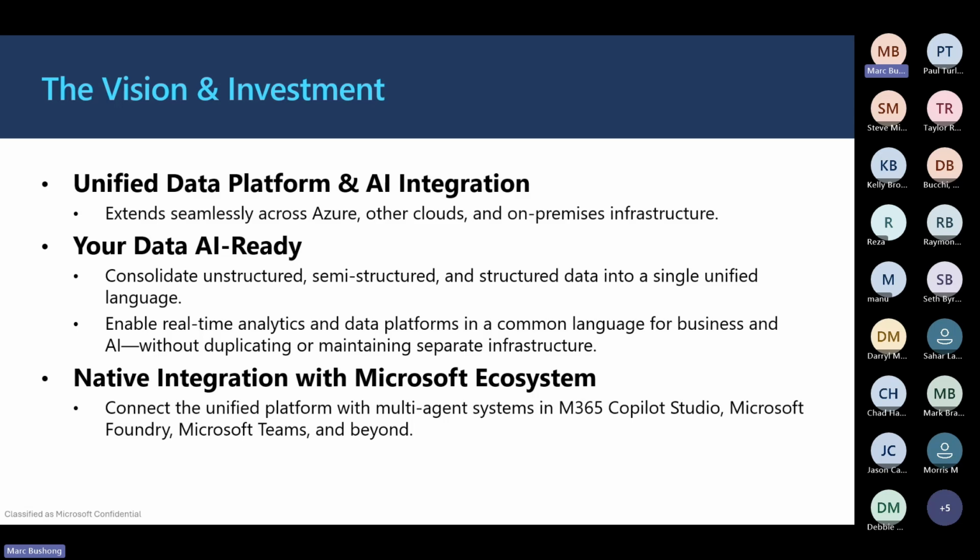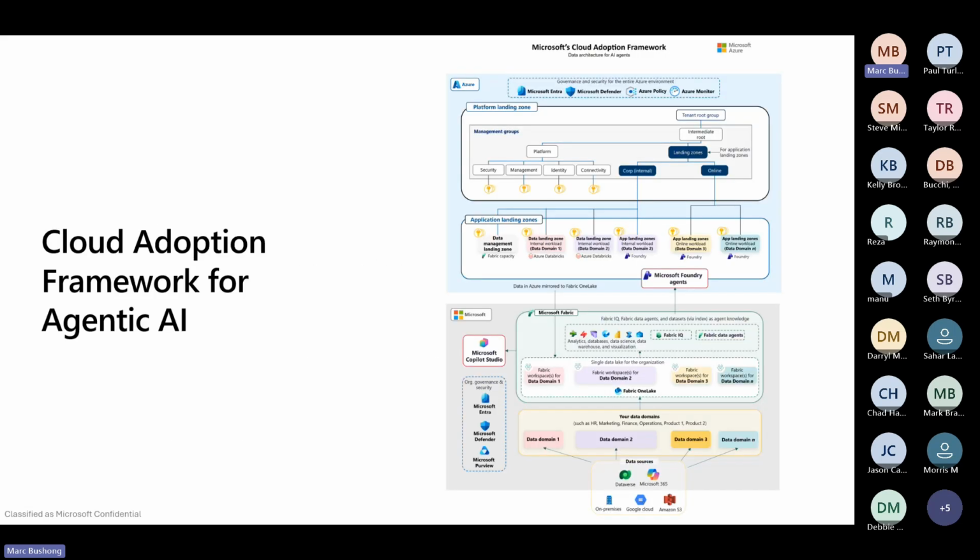Even more so, I know it's a little bit hard to see, but our cloud adoption framework, so an actual Microsoft certified gold standard stamp of architecture for agentic AI, has Fabric IQ sitting at the bottom, and Fabric is the base for the entire data estate. So starting from the bottom, this is Fabric and OneLake and different data domains, right?